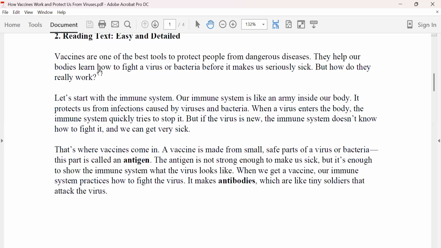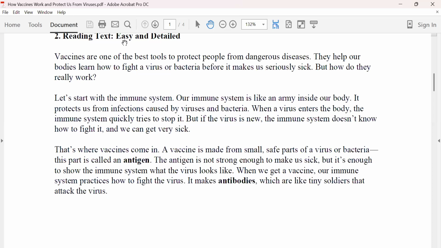Vaccines are one of the best tools to protect people from dangerous diseases. They help our bodies learn how to fight a virus or bacteria before it makes us seriously sick. But how do they really work? Let's start with the immune system. Our immune system is like an army inside our body.